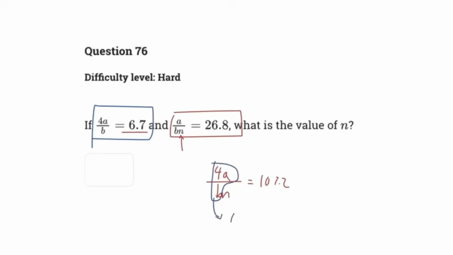So this simplifies to just 6.7 over n, which is equivalent to 107.2. You can rearrange this to solve for n, and we would get 6.7 over 107.2 equals n. And 6.7 over 107.2 simplifies to 1/16, and therefore our value of n is 1/16.